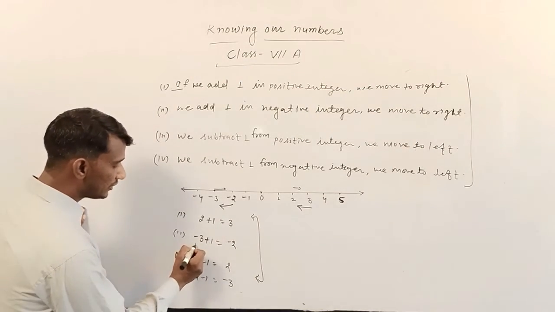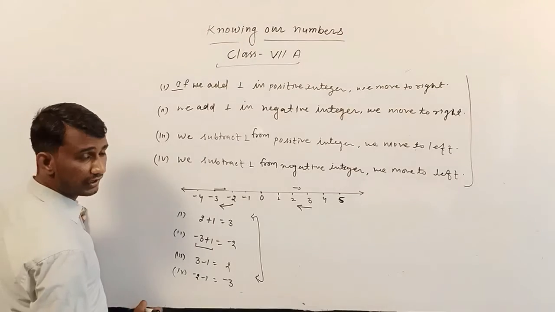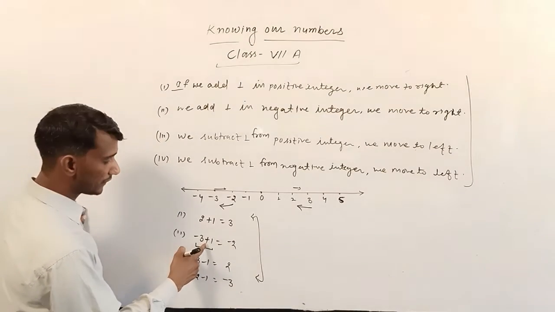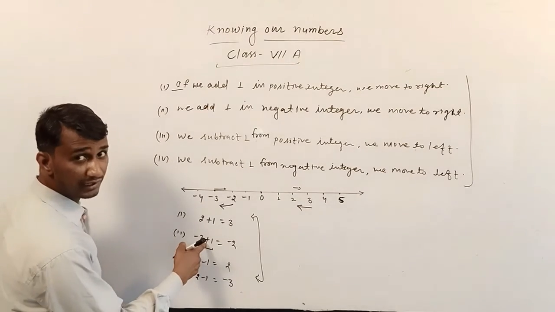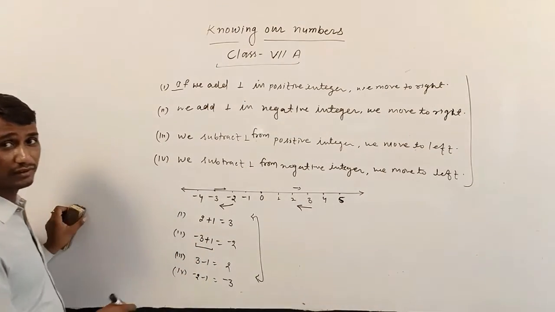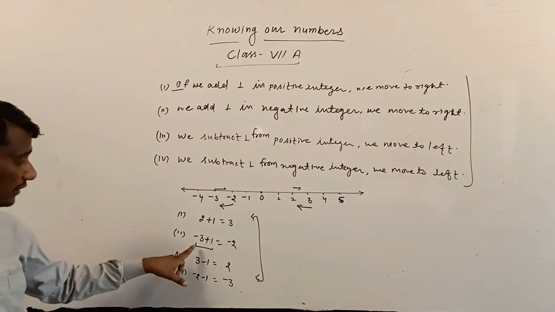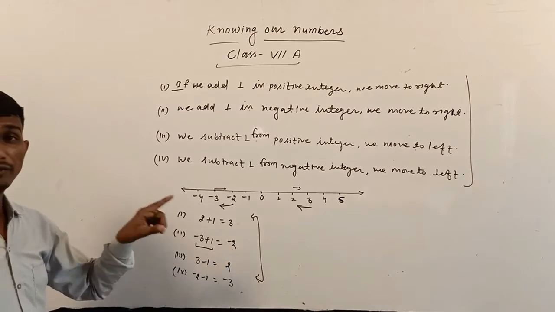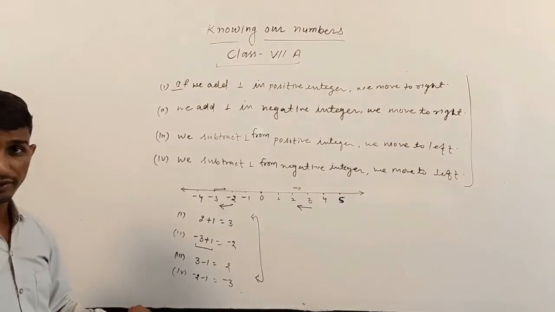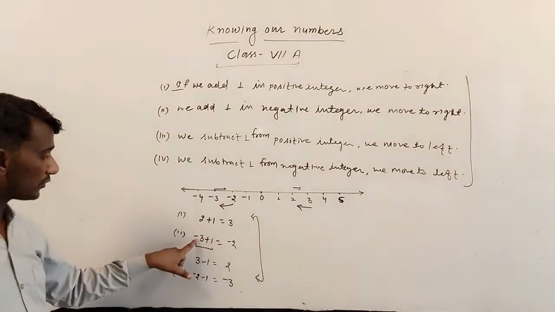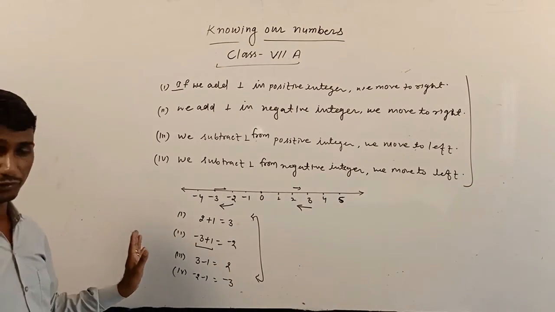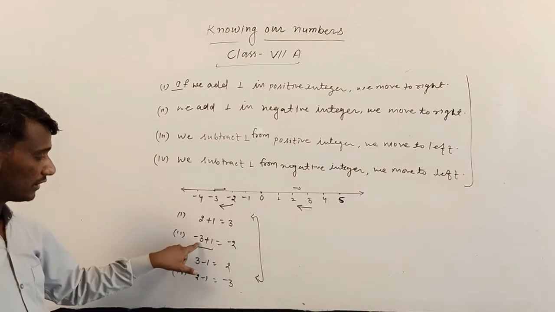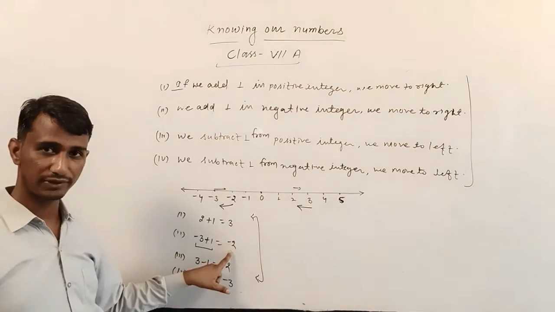One number is negative and one is positive, and your operation is addition, but actually here it is subtraction. 3 minus 1 you can say 2, and we put the sign of the greater number. If we remove the signs, 3 is greater, and 3 has a negative sign, so we write the negative sign.